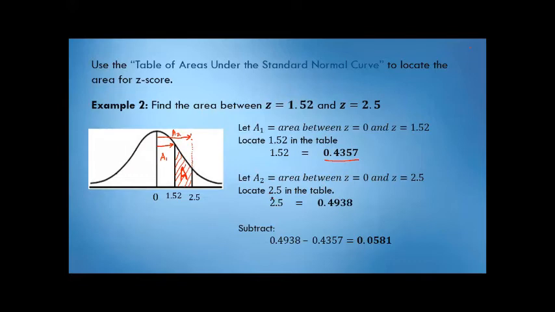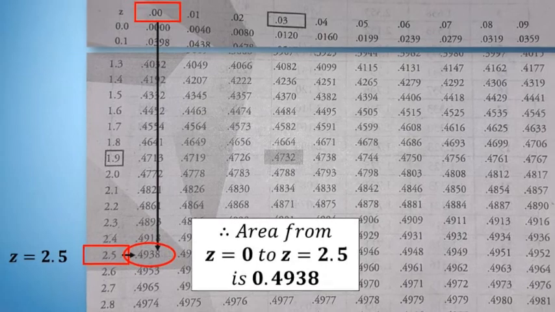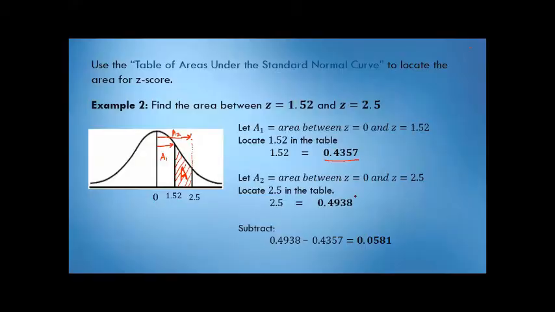So 2.5, hanapin natin yung area sa table. So tingnan natin kung 0.4938. Ayan. So ito yung area ng 2.5 base sa table which is 0.4938.